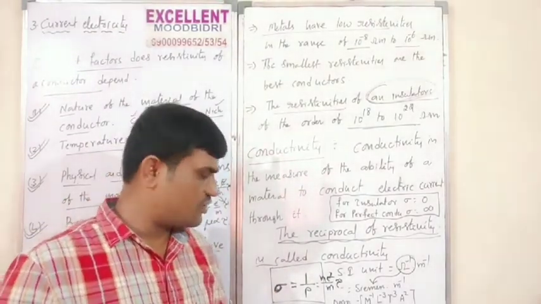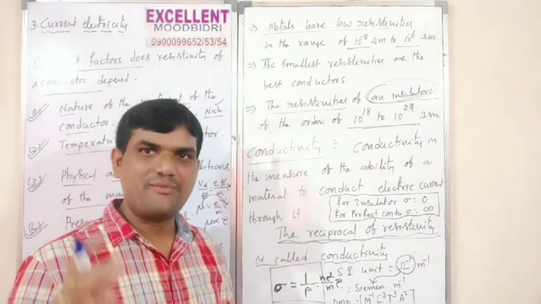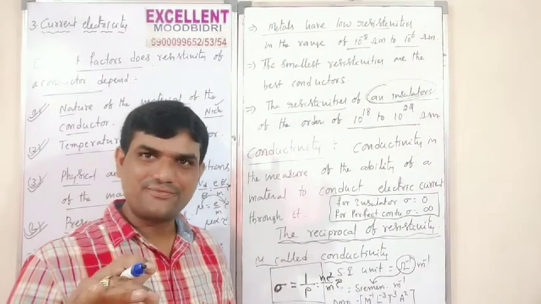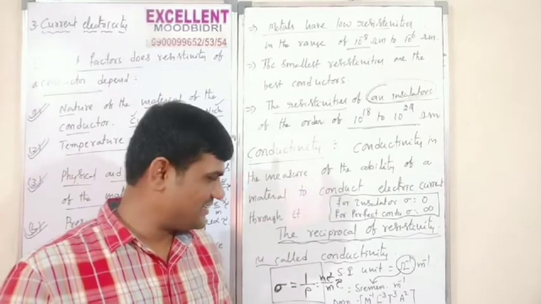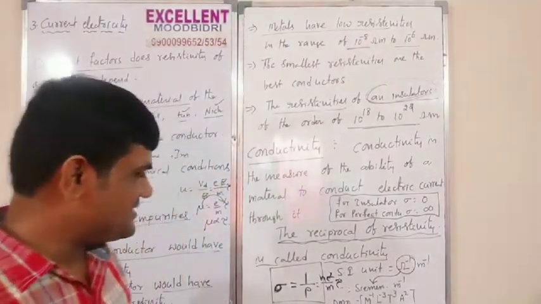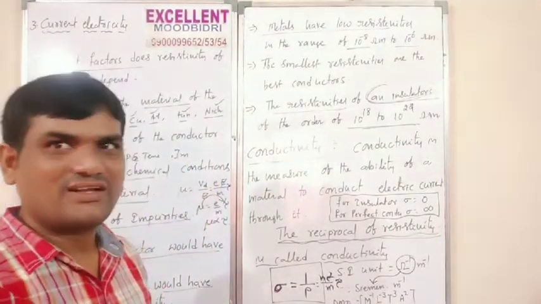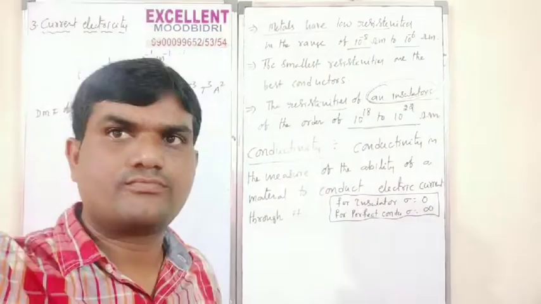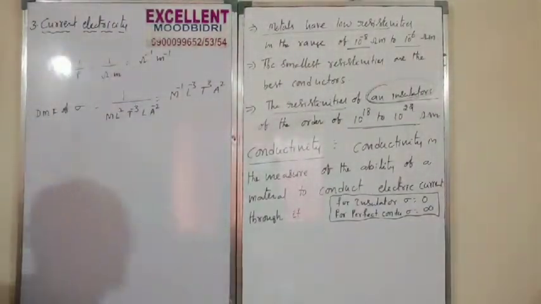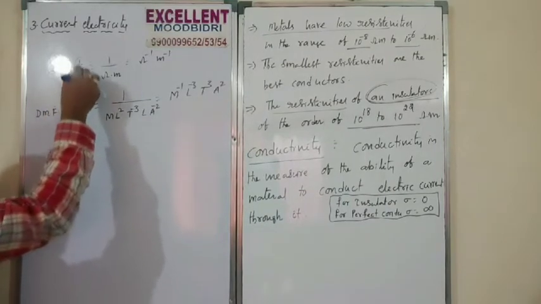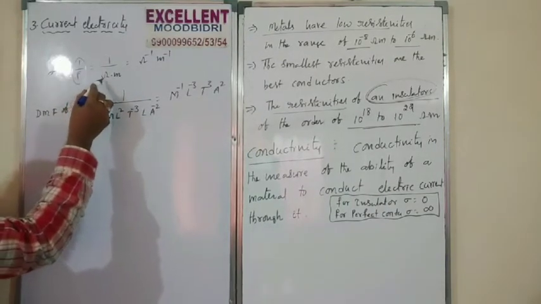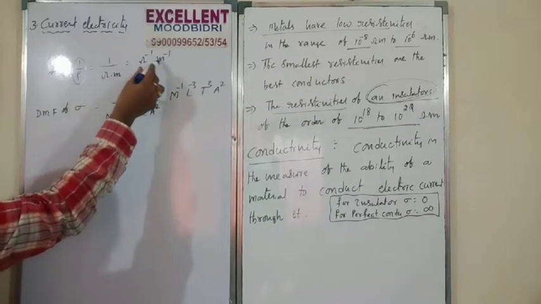Similarly, the dimensional formula is the reverse of the resistivity dimensional formula. Resistivity is ohm into meter, so conductivity is ohm inverse meter inverse.